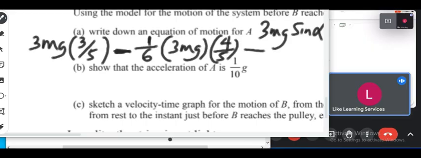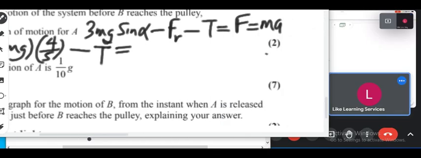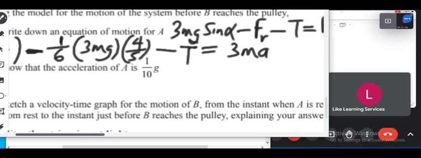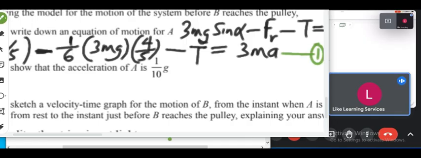Then minus tension is equal to the resultant force F, which is Ma, and the mass is 3m. So that's the equation we use.